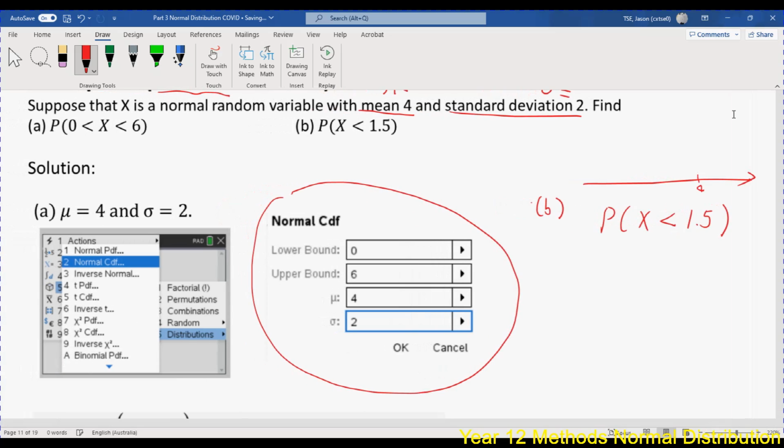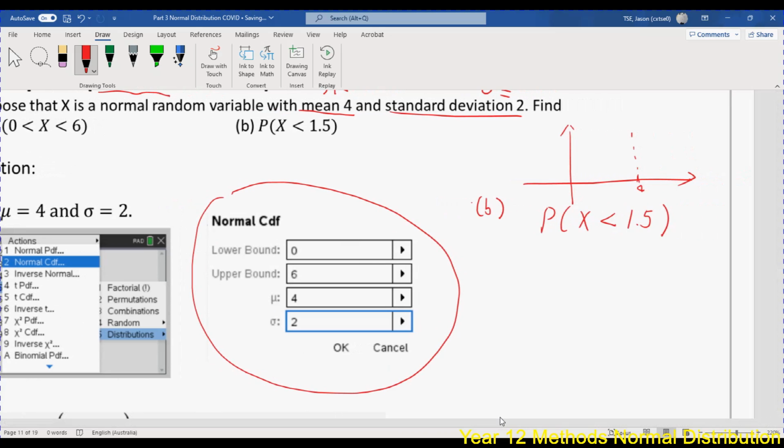So 4 is here. Okay, so let's say this is our normal distribution. X less than 1.5. So where's 1.5? Let's say it's around here.